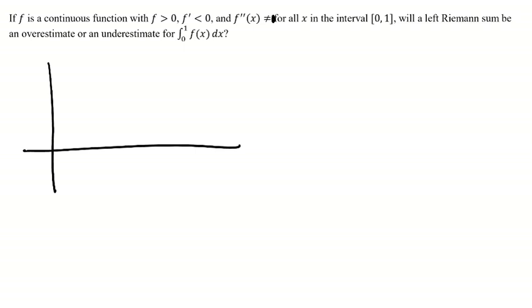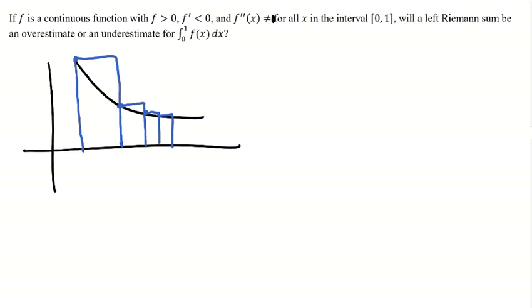And if f prime is negative, that means the function is decreasing. Pencil's still in the back. Okay, so a left Riemann sum, you go over here and you just draw a left Riemann sum. Maybe you don't like the fact that I just used one subinterval and you want a couple more, maybe a lot of rectangles.